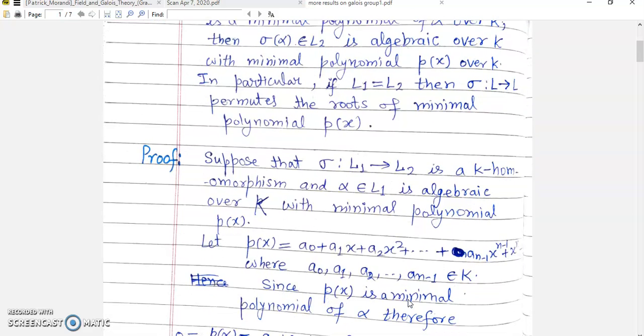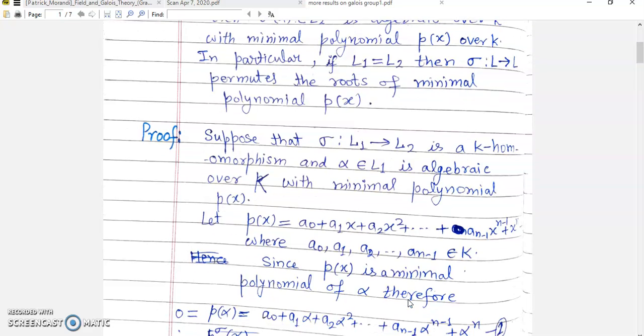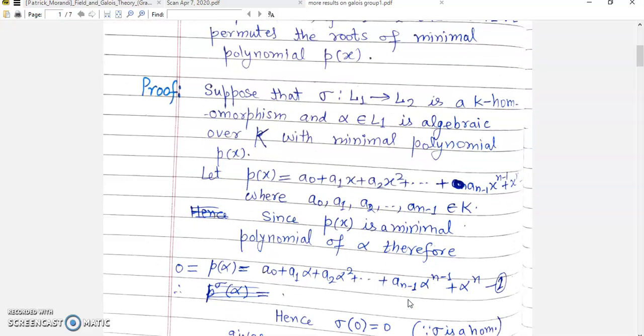So, to prove this, suppose that sigma is a K-homomorphism and alpha is algebraic over K. Also suppose that Px is the minimal polynomial and is given by a0 plus a1 x plus a2 x square plus ... plus a(n minus 1) x power n minus 1 plus x power n. Remember that a minimal polynomial is monic, so the leading coefficient will be 1.